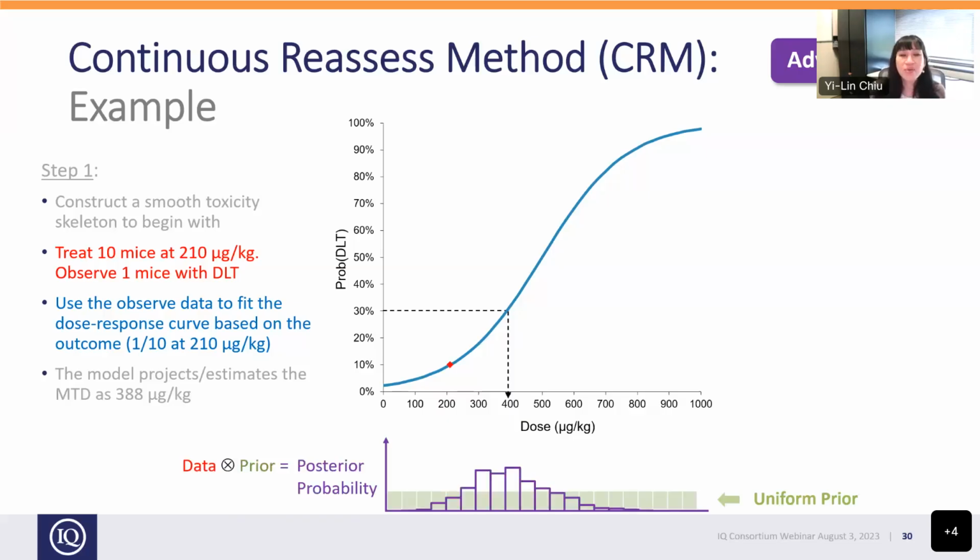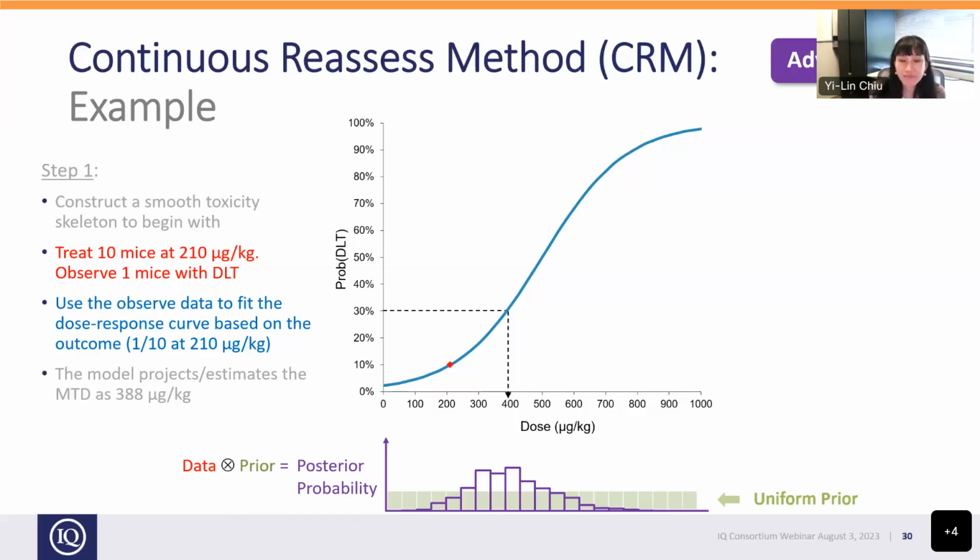But the way Bayesian operates is to integrate the data, right? I use the red color for data, then also the prior, that's the green part, and then come up with the so-called posterior probability.